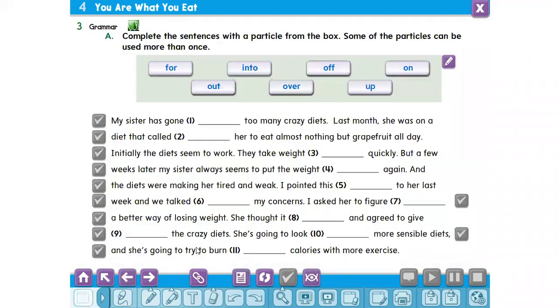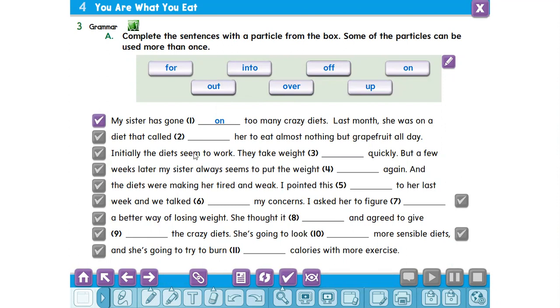Now, let's complete the sentences with a particle from the box. Some of the particles can be used more than once. Number 1. My sister has gone on too many crazy diets.